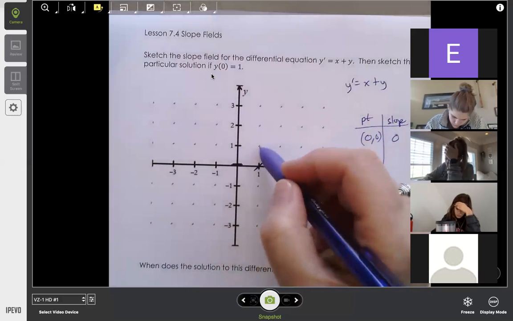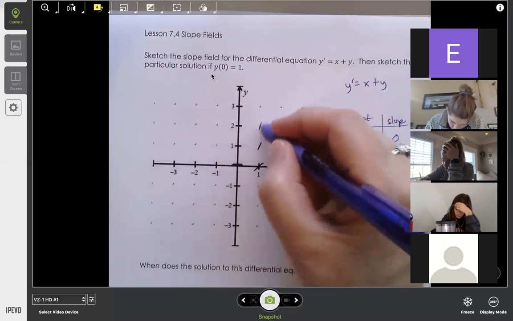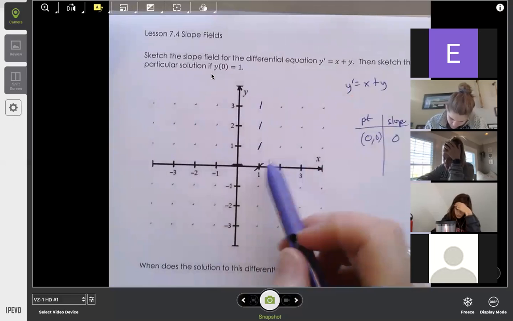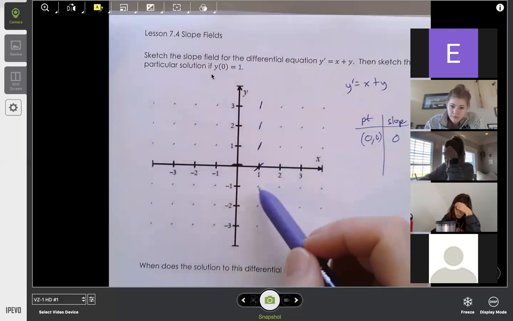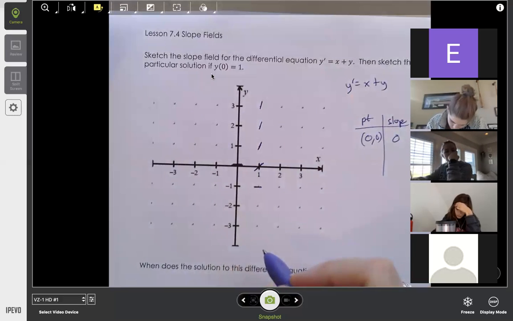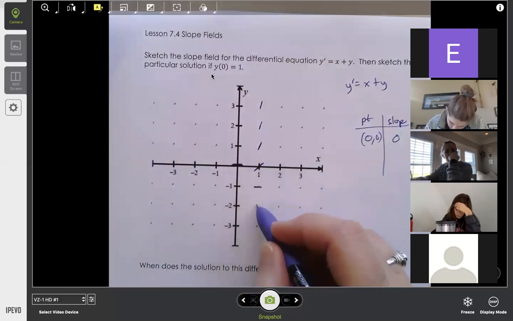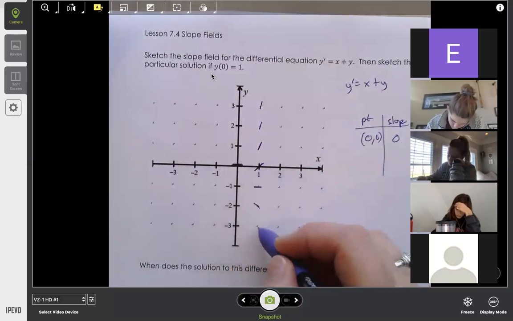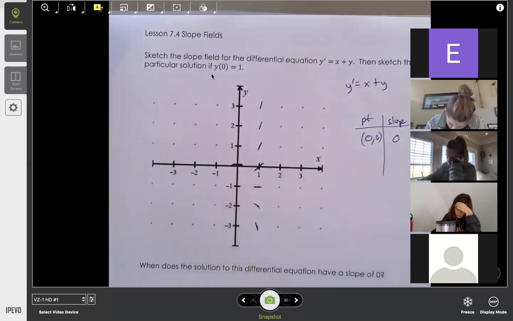At 1, 1, the slope would be 2. At 1, 2, it'd be 3. At 1, 3, it'd be 4. So it's getting a little steeper here. At 1, negative 1, it would be 0. At 1, negative 2, it'd be negative 1. At 1, negative 3, it'd be negative 2.